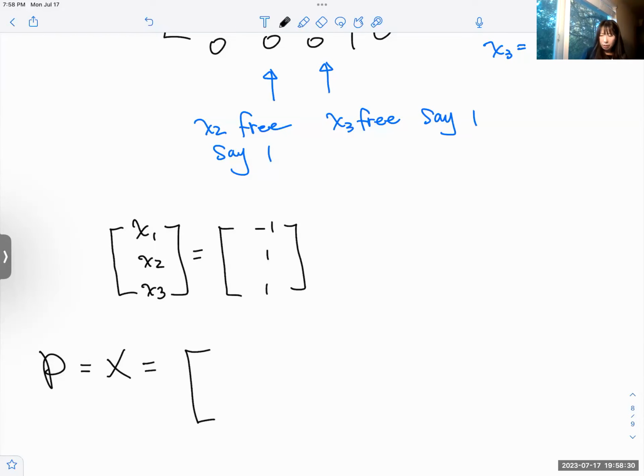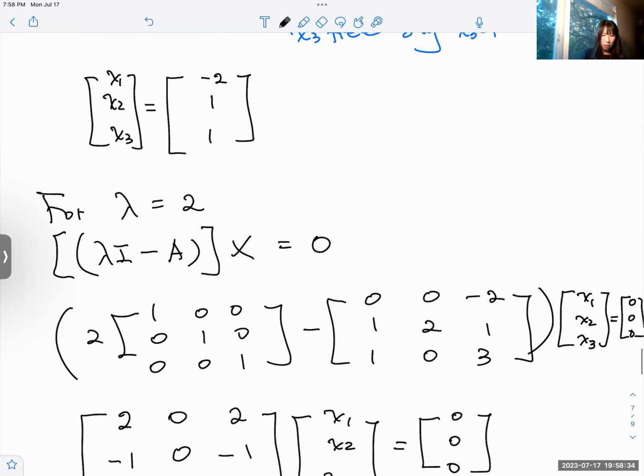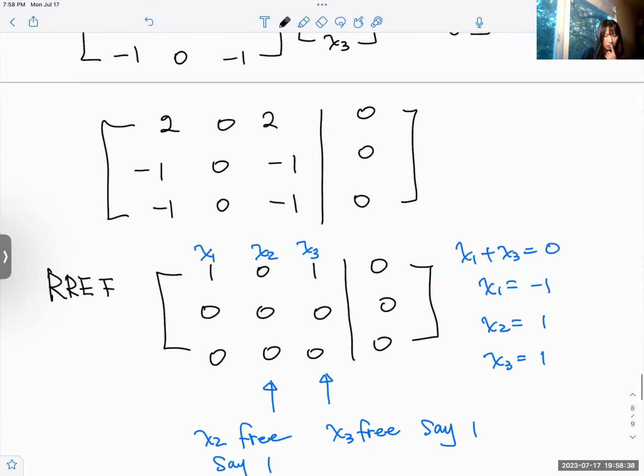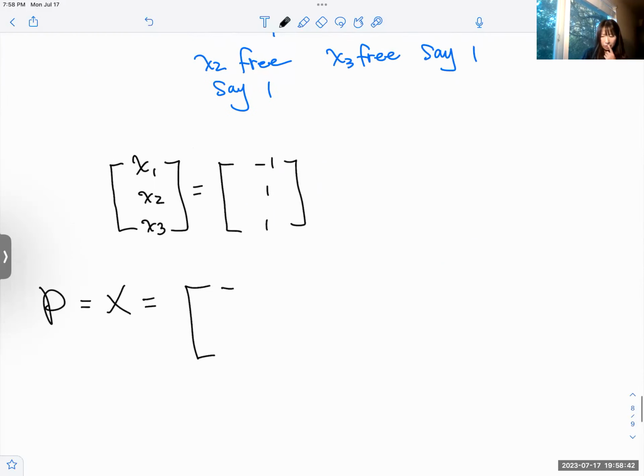There will be 1 from -2, 1, 1. And we get -1, 1, 1.